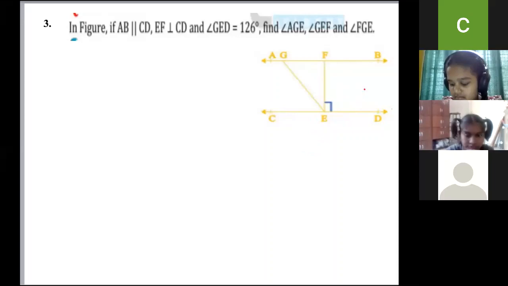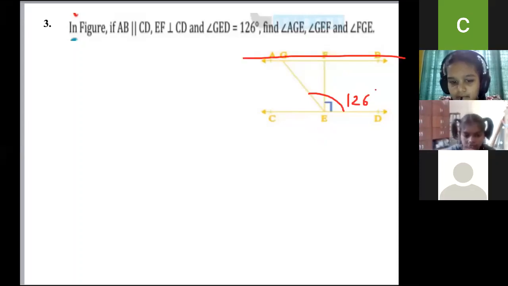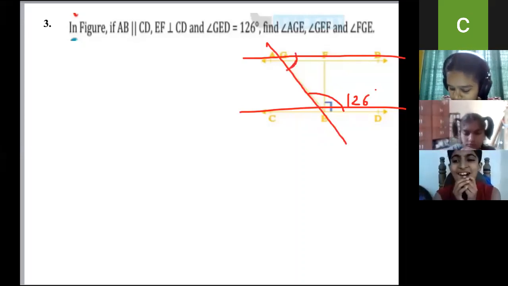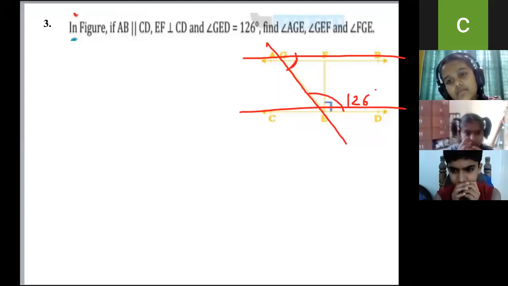Or we can use one more property here. What is that property? This is 126 degrees, children. And these two lines are parallel. This acts as a transversal. What is the name given for these two angles? These two are angles on the same side, that is co-interior angles.